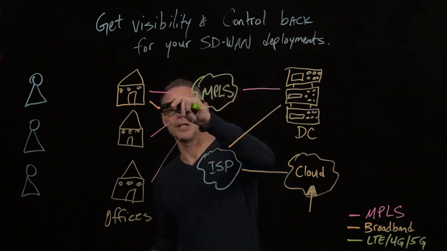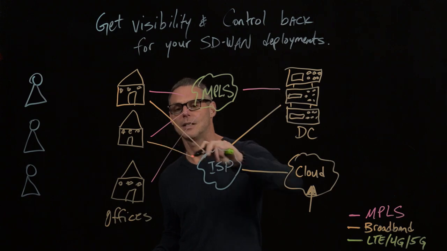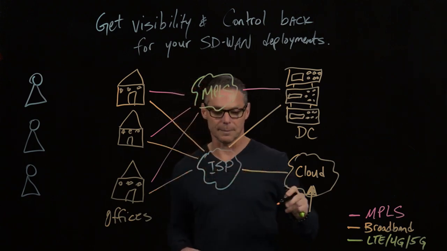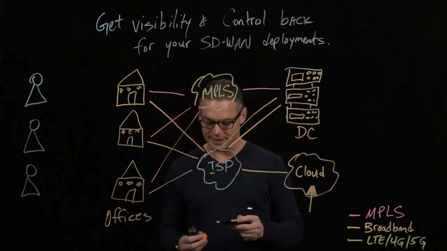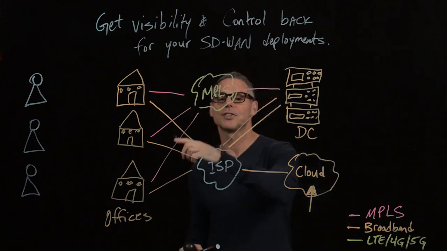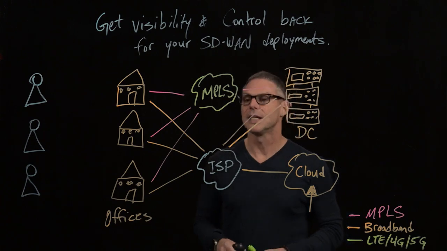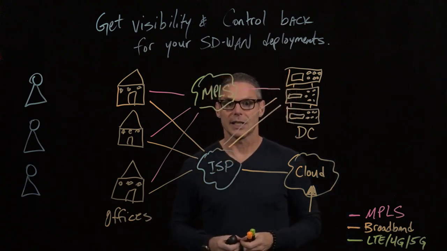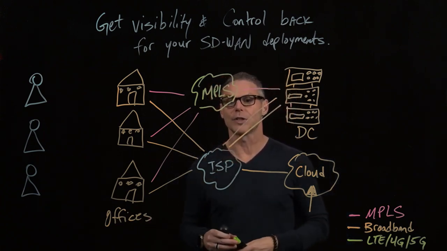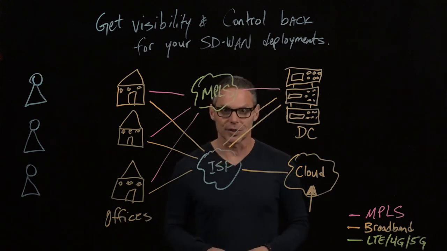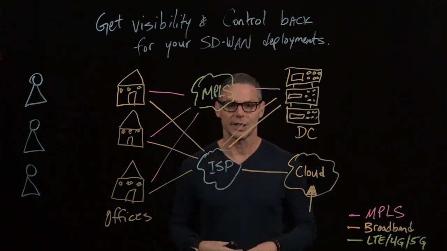As we connect our branch offices to the internet with SD-WAN technology, and as we bundle internet connections with our dedicated MPLS circuits, this is how SD-WAN moves application traffic over these more secure bundled circuits, including the internet.